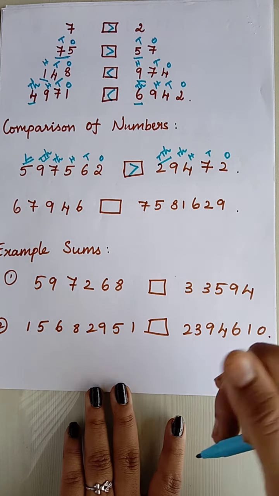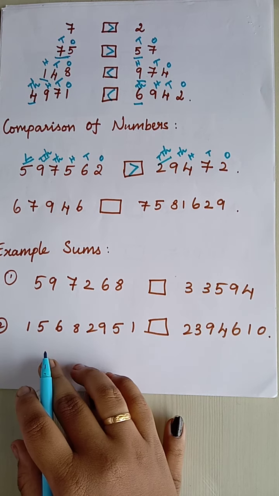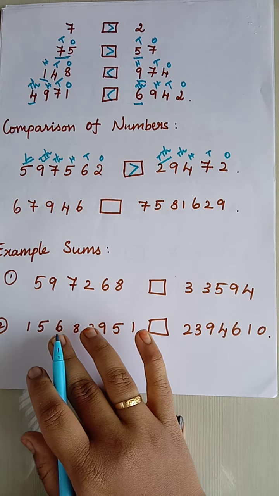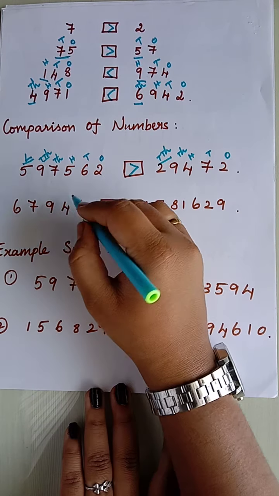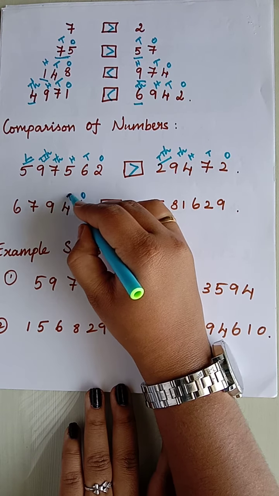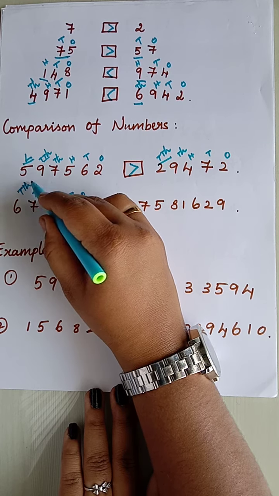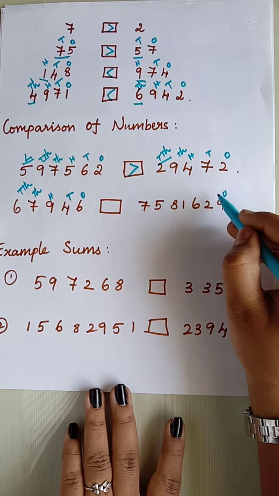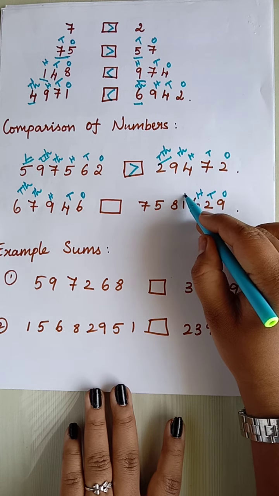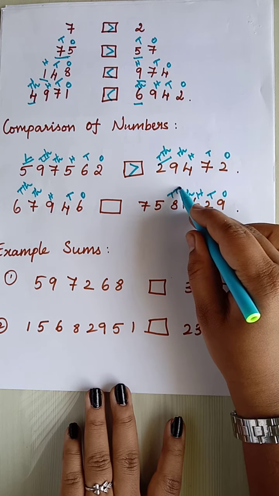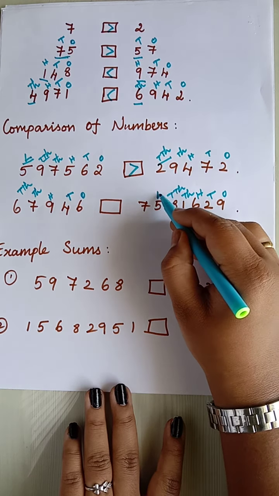Next example we can see here. Likewise, first we have to write the place value. So here ones, tens, hundreds, thousand, 10,000. This side ones, tens, hundreds, thousand, 10,000, lakh, 10 lakh.